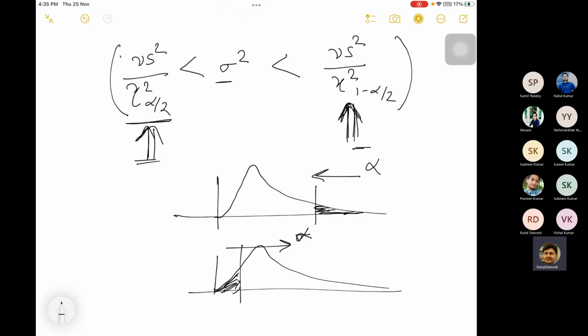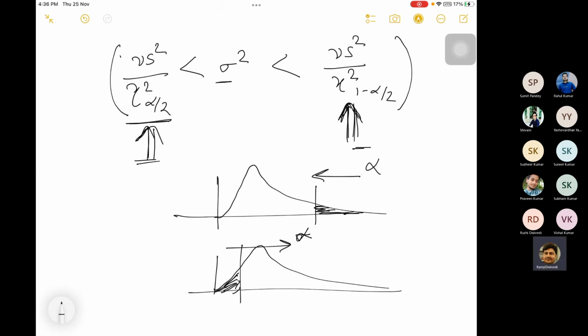Okay, so that would be much more easier to inform you about the figure of the particular distribution.